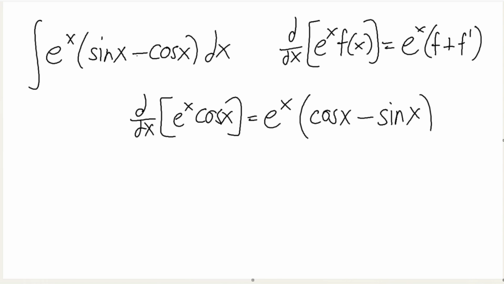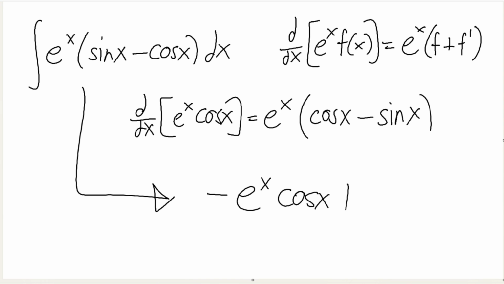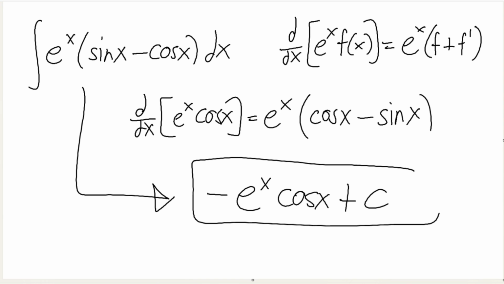Here, we notice that it's the other way around. So of course in this integral, it's negative e to the x cosine of x plus c. Experimenting or testing derivatives helps us catch missing coefficients like this, like a negative sign or some number.